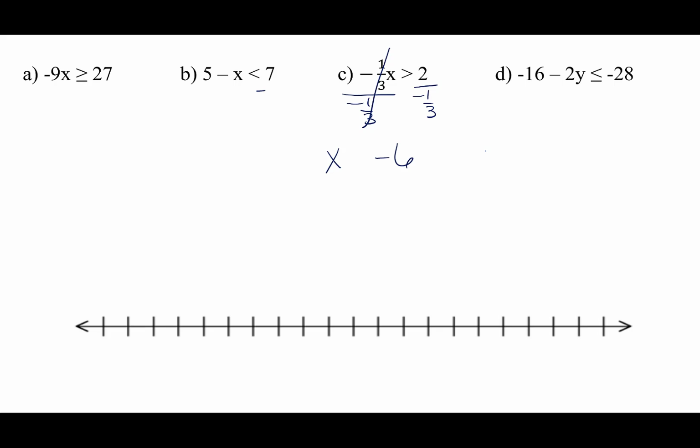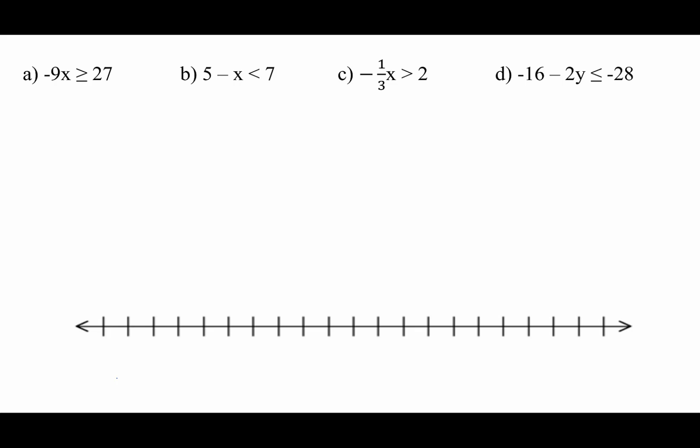Because we multiplied by the reciprocal negative 3 over 1, the inequality sign switches to the other direction. Then you come down and graph it on the number line. We'll put a parenthesis on negative 6 and shade everything that is smaller than negative 6, which is to the left side of the number line.